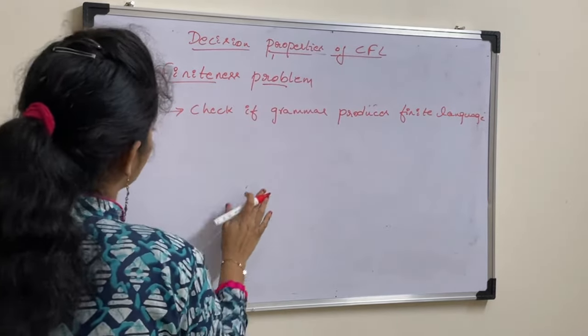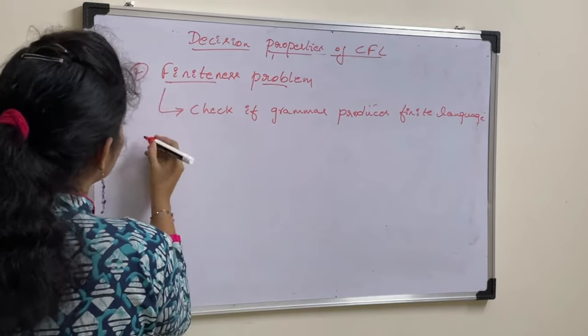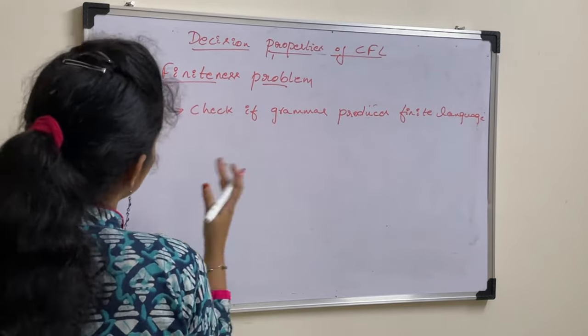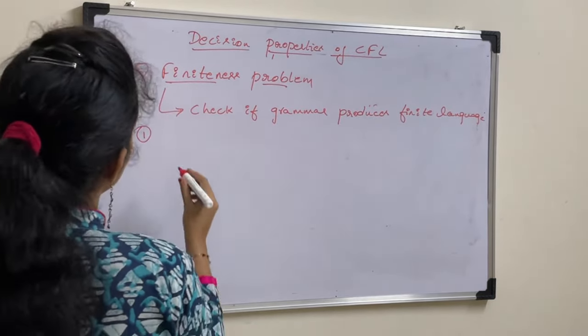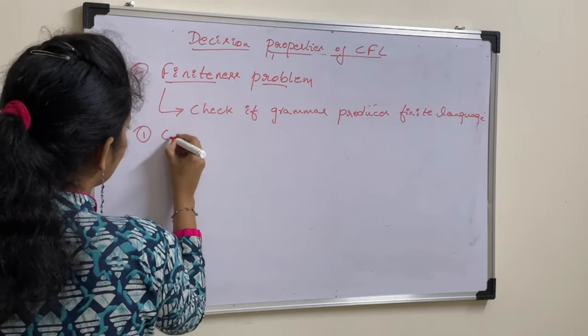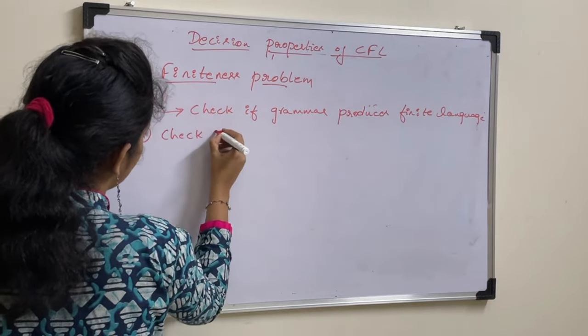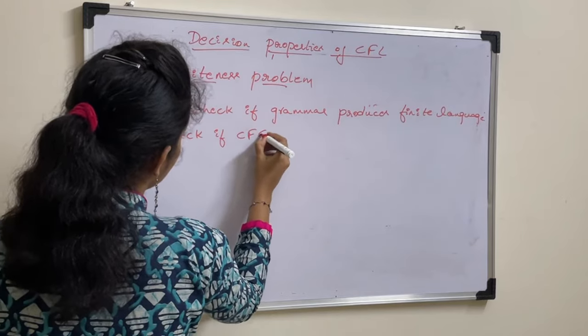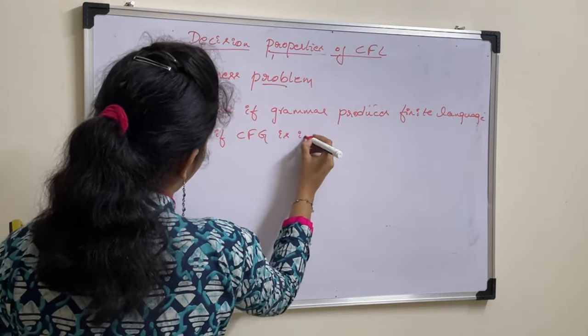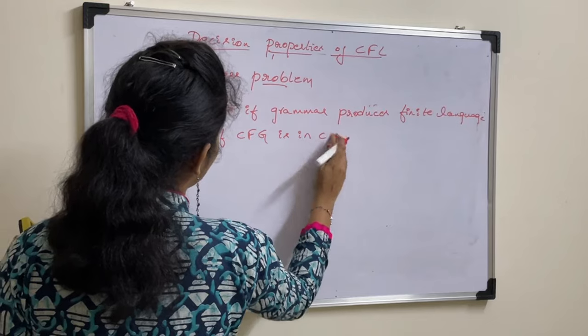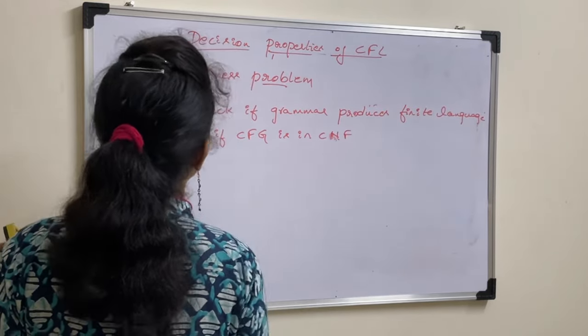Okay, finite language. We have a few steps here. First we'll see the steps and then we'll go to an example. Step 1 is to first check if the given CFG is in CNF or not. Chomsky normal form.